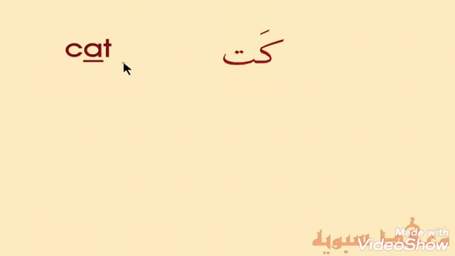It's just a stop on the T. In this case, we put a sukoon there. If we gave it a mark, for example the fatha, it would be kata, or katu, or kati.